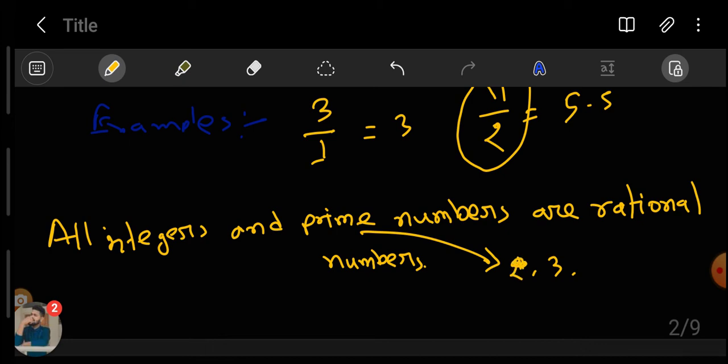These are the prime numbers, that is, numbers that can be divided only by 1 and itself. For example, 2, 3, 5, 7, 11. These are prime numbers.